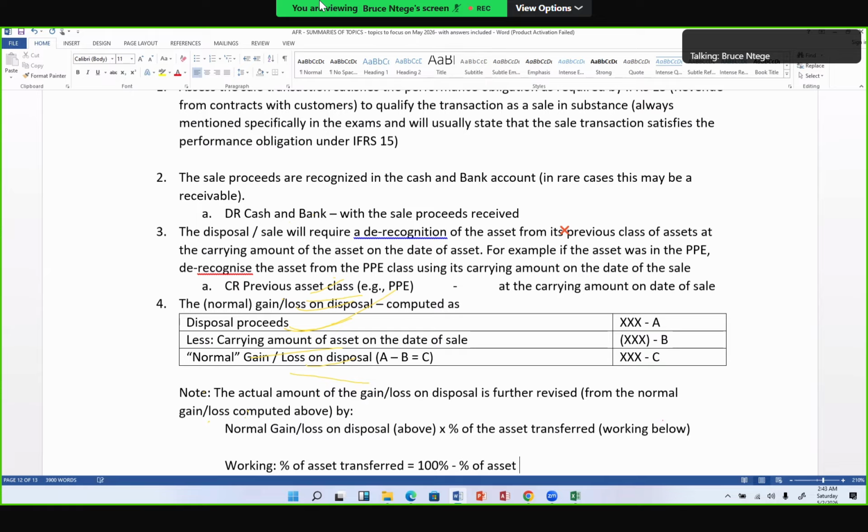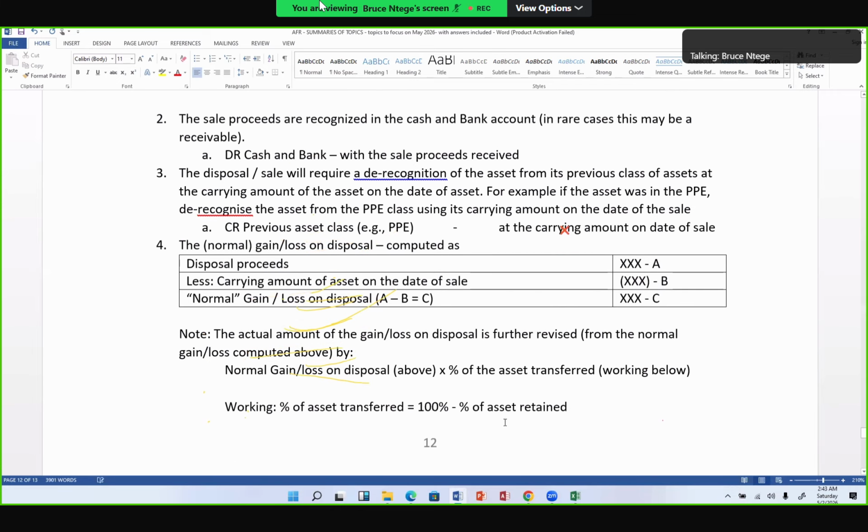The percentage of the asset retained is another working. Let's call this working one below.